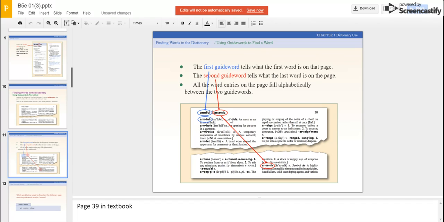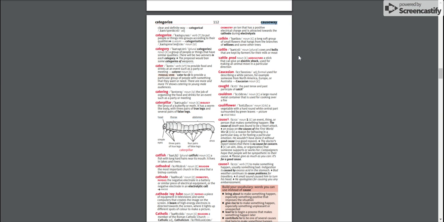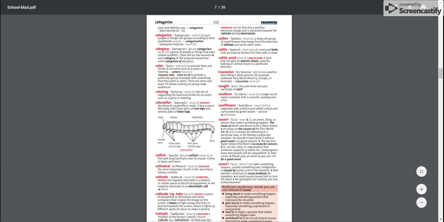In most dictionaries the words are arranged in columns like this. Let me try to show you an example of another dictionary page. Here's an example of another page. At the top you see two words, categorize, causeway.